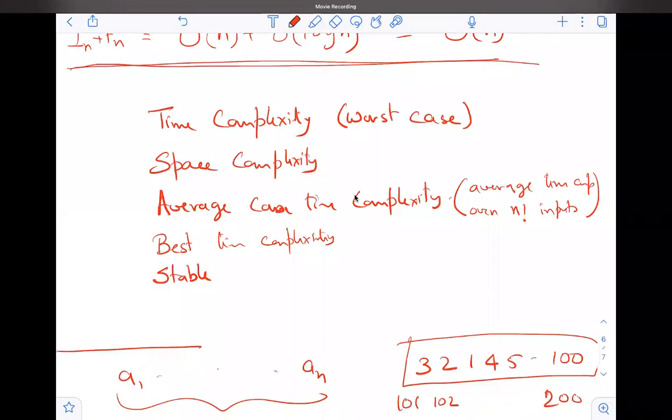So say all of you have got various scores in this exam, or in your last semester. I want to sort them in terms of the amount of marks that you have got.